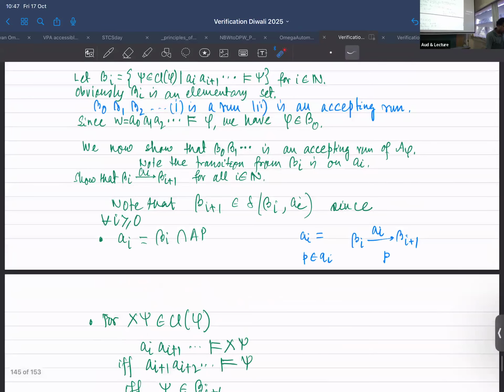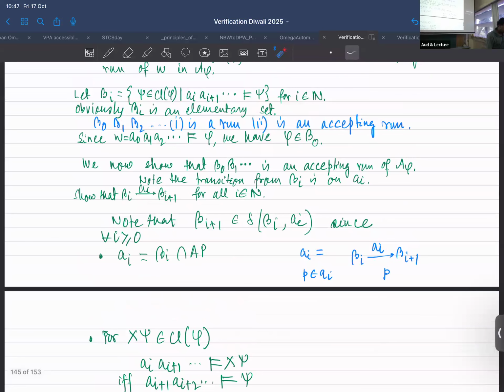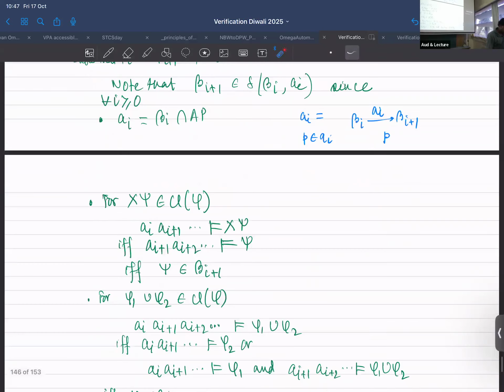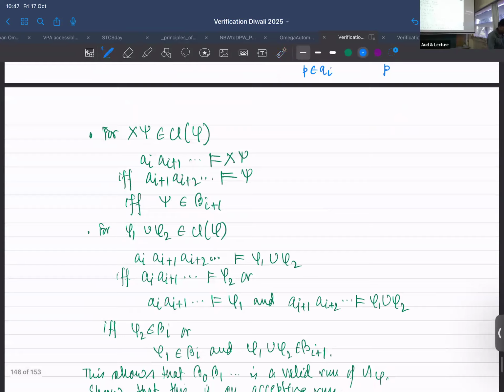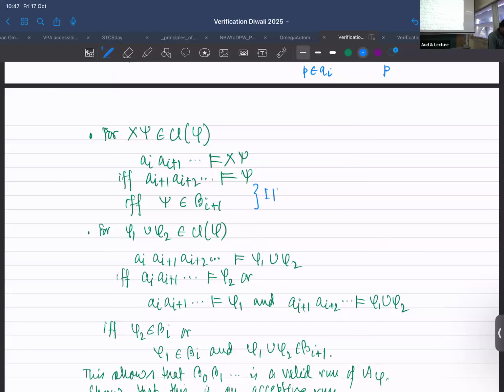Now if it happens that X psi belongs to the closure of phi, then we say that the suffix ai plus 1 satisfies X of psi if and only if the suffix ai plus 2 satisfies psi, and this is by induction hypothesis.